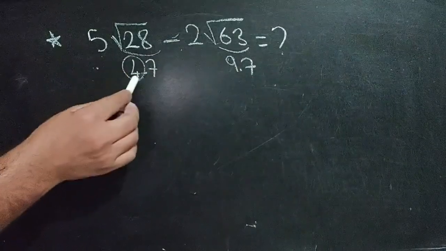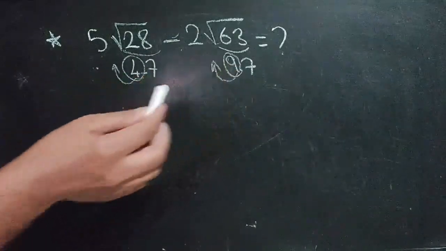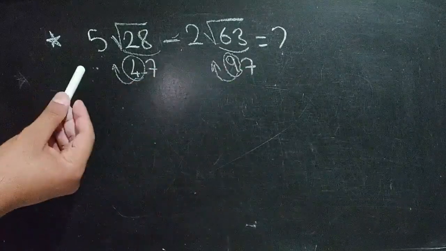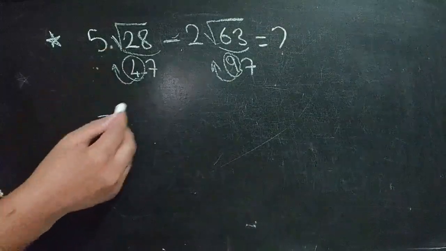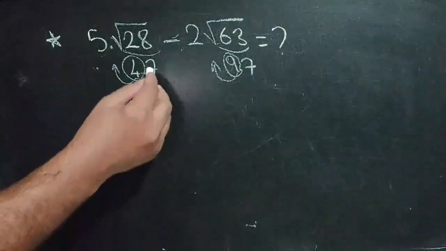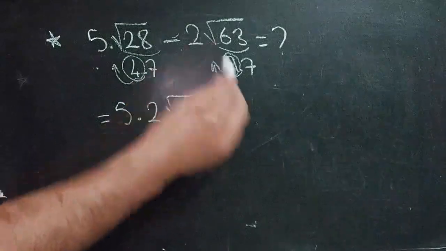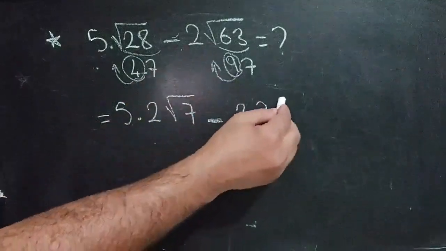This 4 will go out as 2, and 9 will go out as 3. So by the way, 5 square root 28 means 5 times square root 28. That will give you 5 times, this will go out as 2, and this square root 7 will stay inside, minus 2 times 3 square root 7.